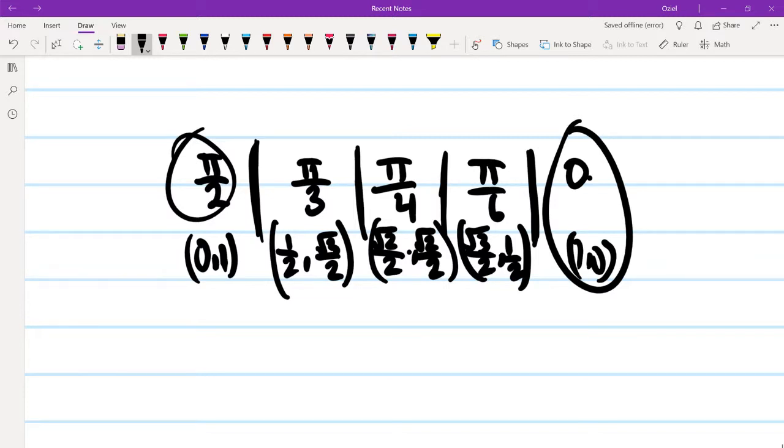So first goes the fraction and then the square root, and then goes the square root and then the fraction. So this would go first, and this would go second.